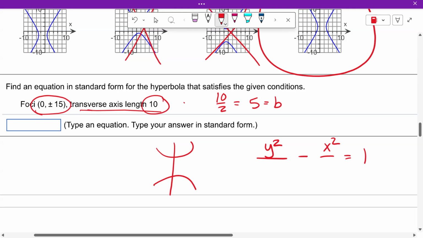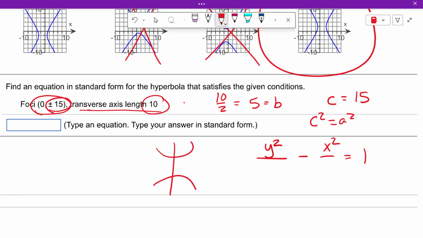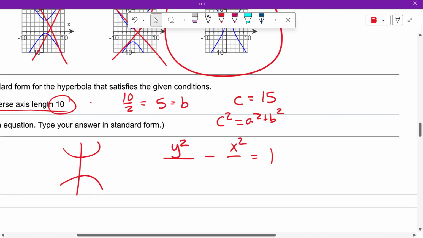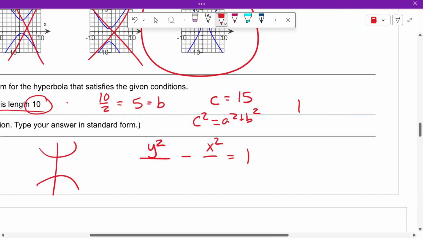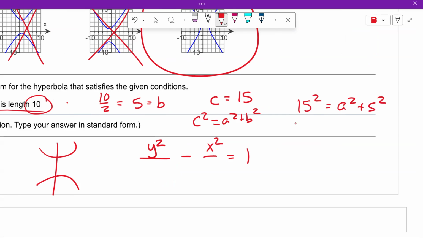So we have to find the numbers. We have B. This is going to be what letter? C. C is 15. So c squared equals a squared plus b squared. So 15 squared equals a squared plus 5 squared. So 225 equals a squared plus 25.